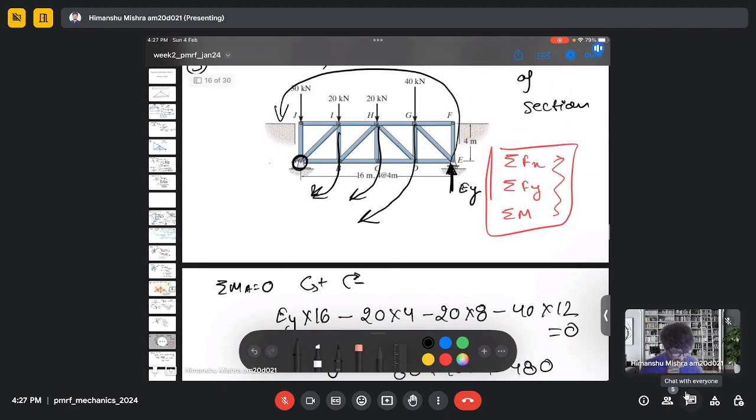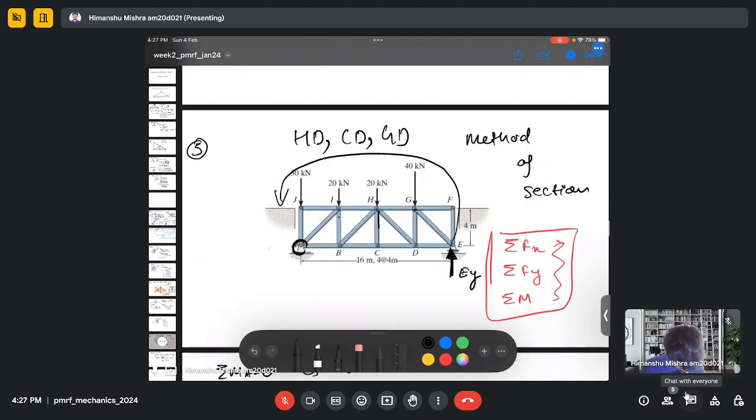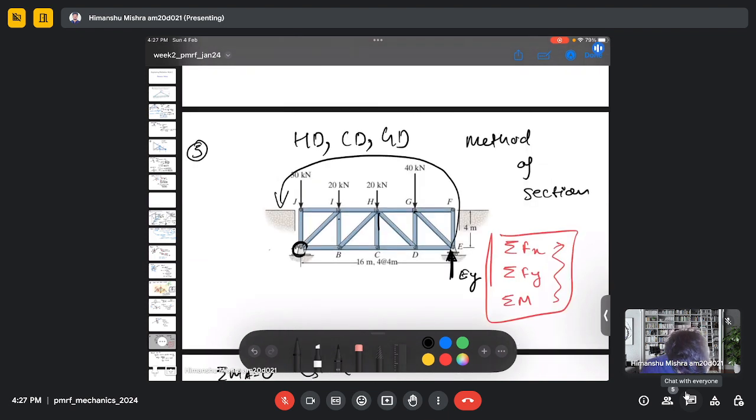Now once you determine the normal reaction, you can cut the members. We need to determine the forces in HD, this one, CD, this one, and GD, this one.